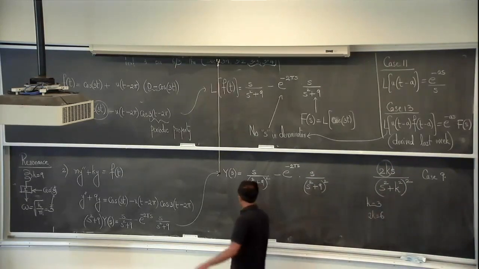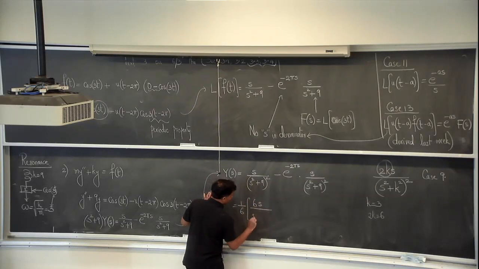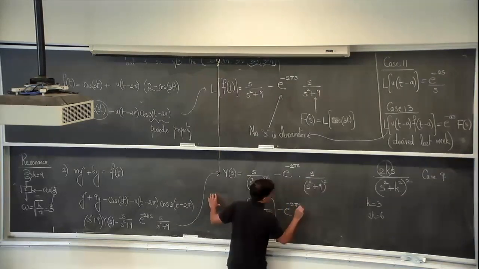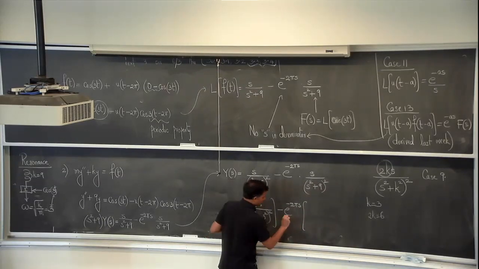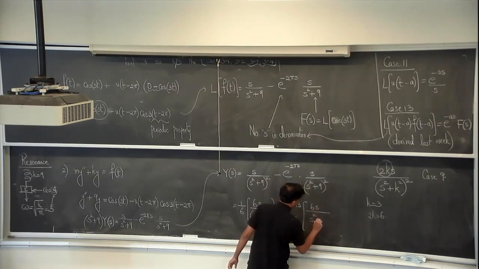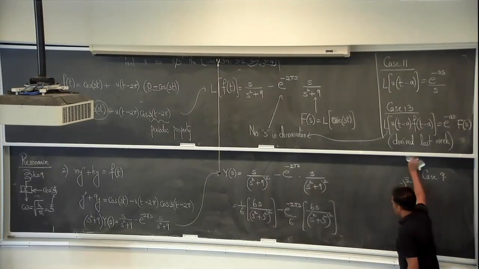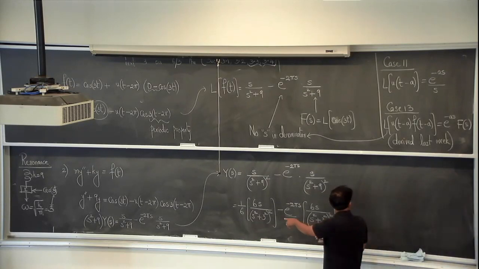So you can write this as 1/6 times 6 s over s square plus 3 square square minus e to the power of negative 2 pi s times, again you can divide by 6, multiply by 6. That's what you get. And what is the Laplace inverse of this term according to case number 8?